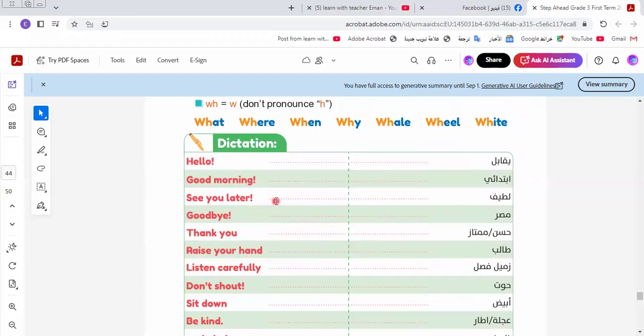Here is the dictation. We use the word in English and we translate it into Arabic. So when we say good morning, here it means this in Arabic.